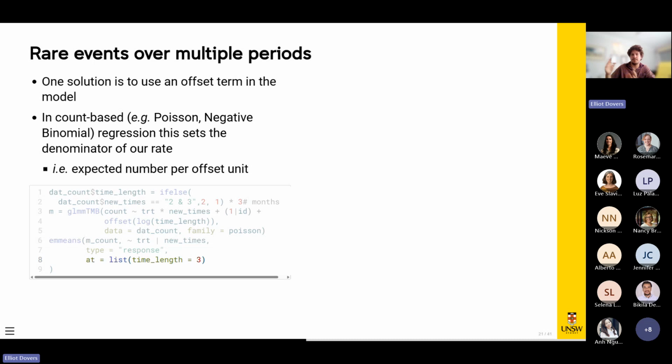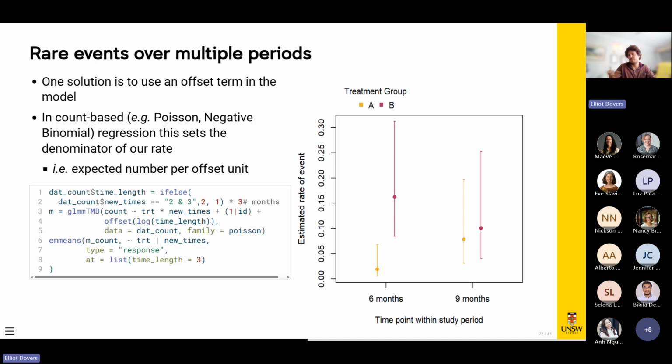Here I'm saying I want it to be all as if we are just looking at a 3-month period. And we can plot up the results, and that brings our 6-month results to, not exactly that, but an average across the two, on a scale that's more comparable to our 9 months.